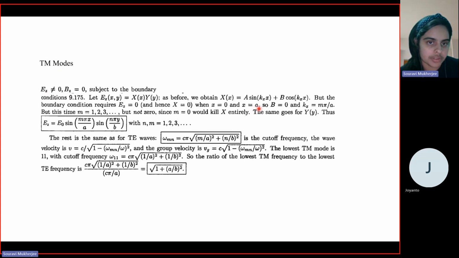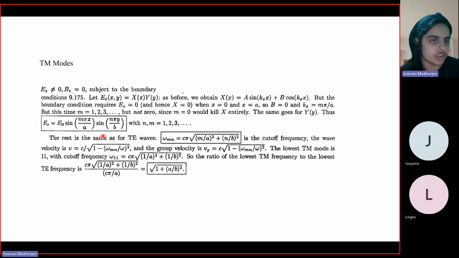And in case of TE modes, if you remember, if you define the longitudinal components like this, then it was the derivative of X which went to 0 at X equal to 0 and X equal to A. Here for TM modes, we just put X going to 0. Okay. And from there, we get this expression for the electric field component.